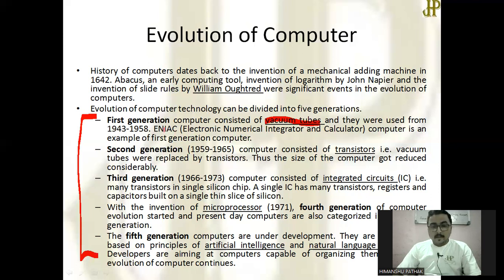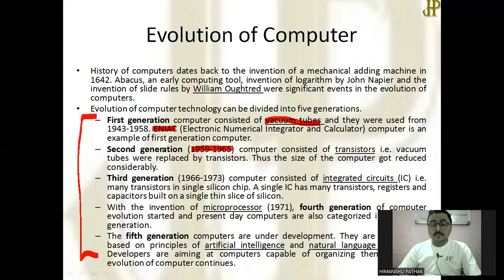ENIAC, electronic numerical integrator and calculator, is an example of a first generation computer. Afterward, 1959 to 1965 is considered the second generation due to the involvement of transistors. Vacuum tubes were replaced by transistors, and because of transistors, computer size was reduced considerably.